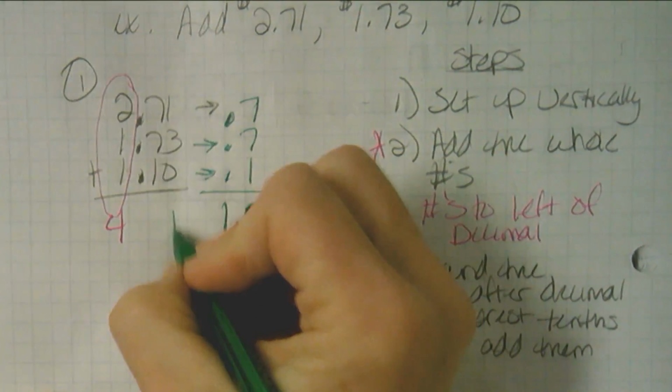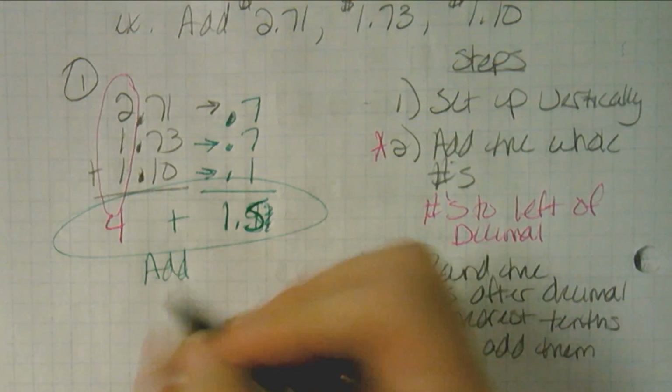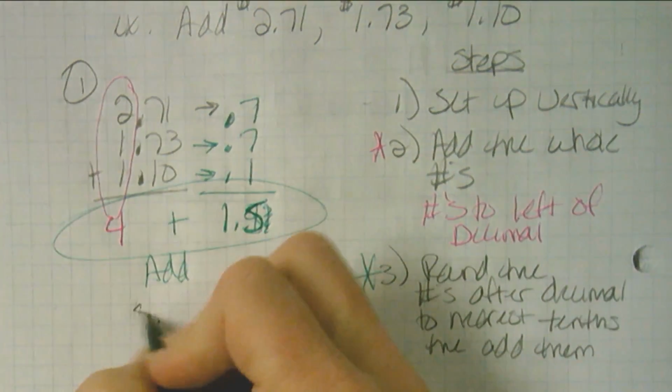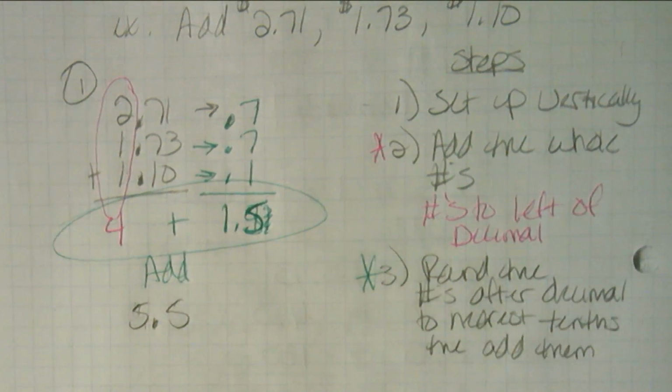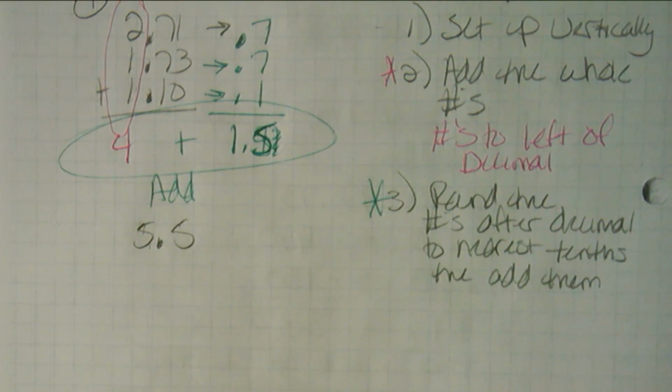So now you're going to add these together. And my estimate is going to be 5.5. You guys good with that?